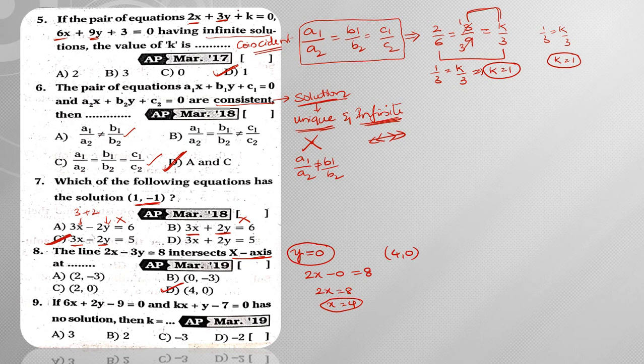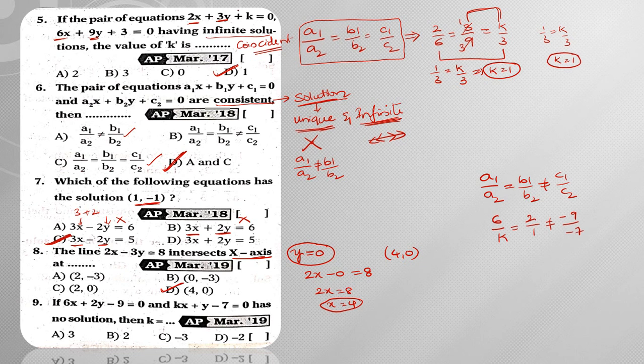Next, 6x plus 2y minus 9 is equal to 0 and kx plus y minus 7 is equal to 0 has no solution. So has no solution means, what is the condition? a1 by a2 is equal to b1 by b2 not equal to c1 by c2. So based on this, if I substitute the values, this gives me 6 by k is equal to 2 by 1 is not equal to minus 9 by minus 7.